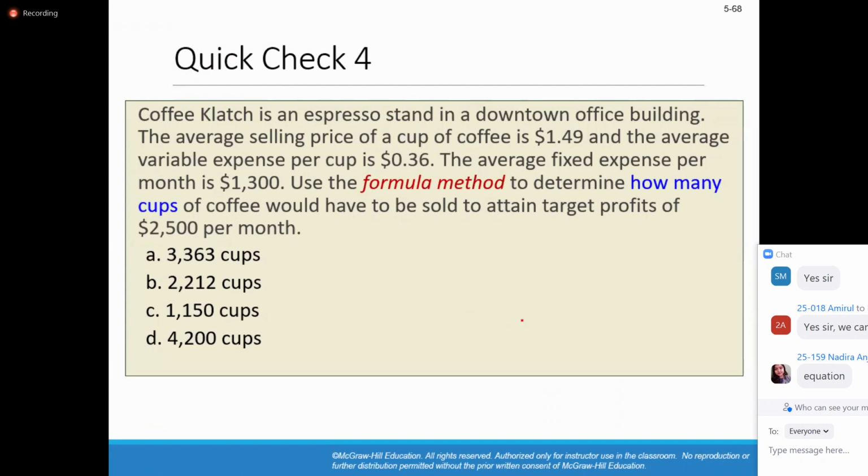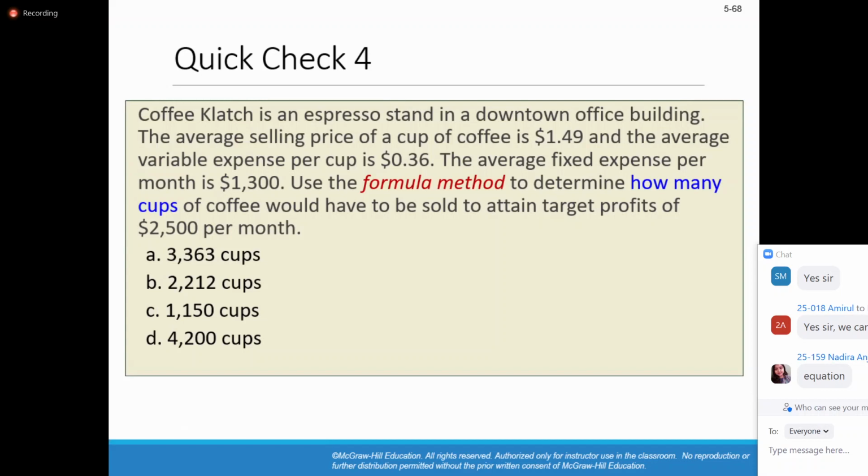I would like to get your response in the chat box, and the question is before you. Again, the Coffee Clutch is an espresso stand in a downtown office building. The average selling price of a cup of coffee is $0.49, and the average variable expense per cup is $0.36. The average fixed expense per month is 1,300.